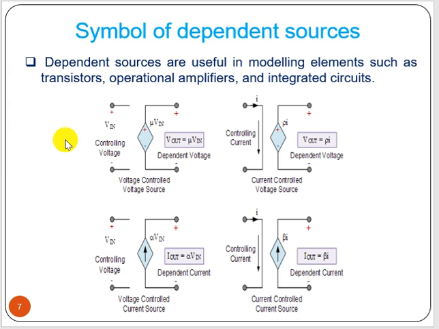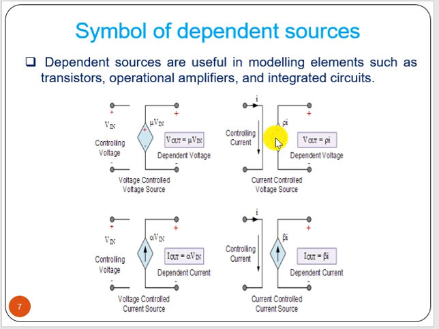Now this is the voltage controlled voltage source. How can you tell? Because here we have the plus minus sign, so that means this is a voltage source, and Vout equal to mu Vin. Here this is the control part, and this is your output. So this is voltage controlled voltage source, and here we have a gain factor, a multiplier factor.